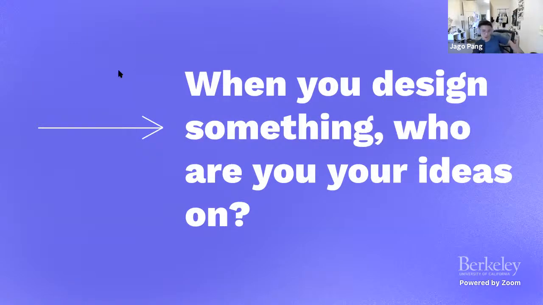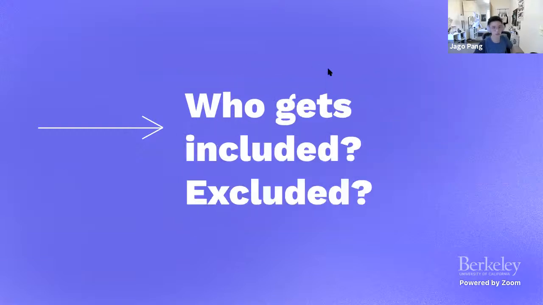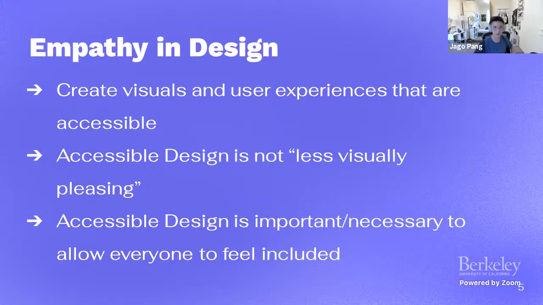When you design something, who are your ideas based on? Often, when you design a brand or assets, you think of your main persona as who you're designing for, or often yourself, and a lot of the ideas you come up with might not be the most accessible. So who gets included, excluded? In design, you have to make sure that your visuals and experiences are accessible.